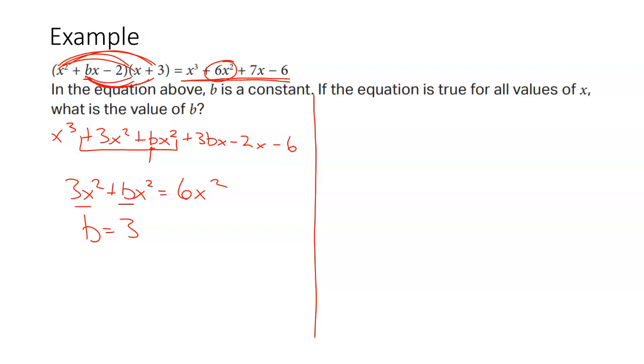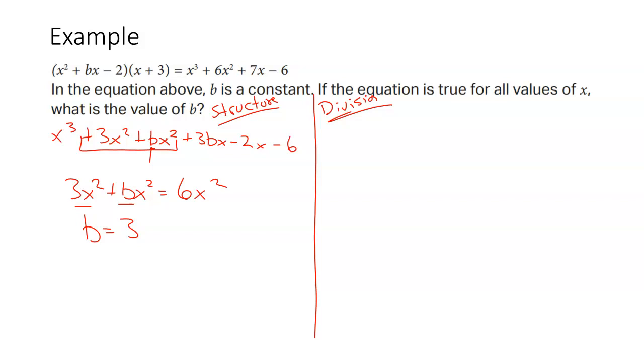Second way, second method, separate skill. This is structure and pattern recognition. The second skill is polynomial division. If I have two things multiplied together to get something else, I can take the something else, divide one of them, and get the other thing.